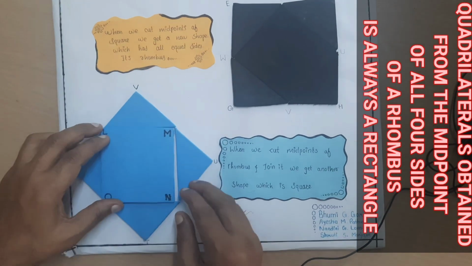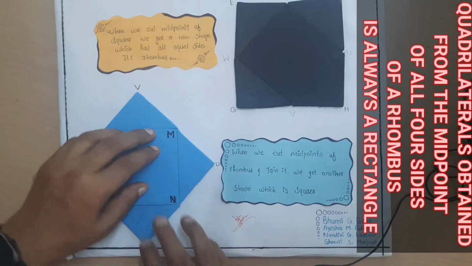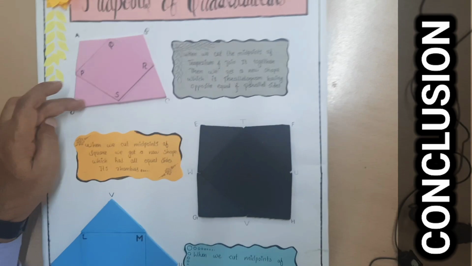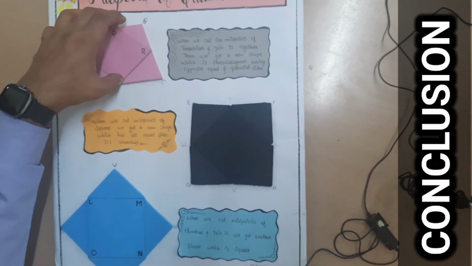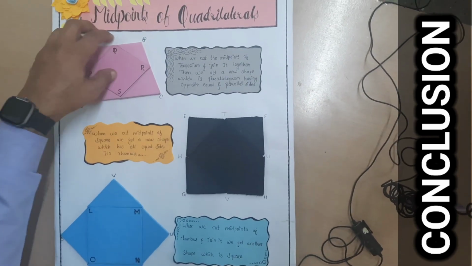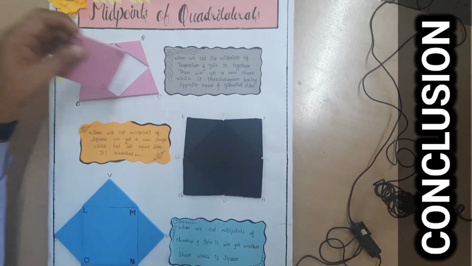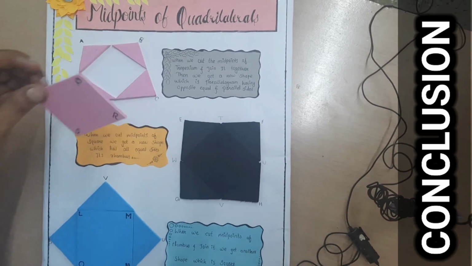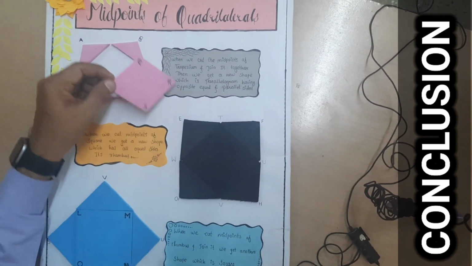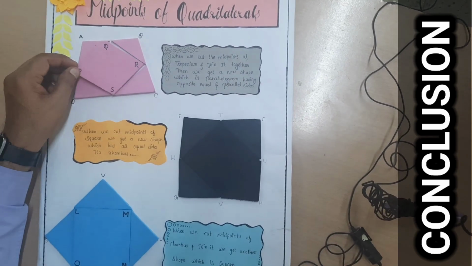So what we can conclude from this activity is, the quadrilateral obtained by joining the midpoints of a trapezium is a parallelogram.